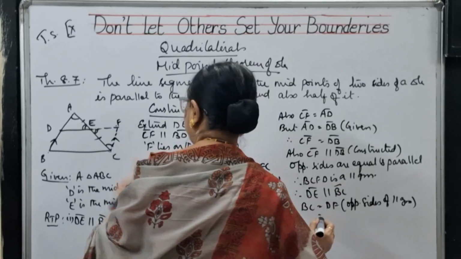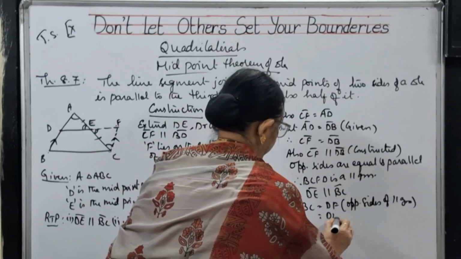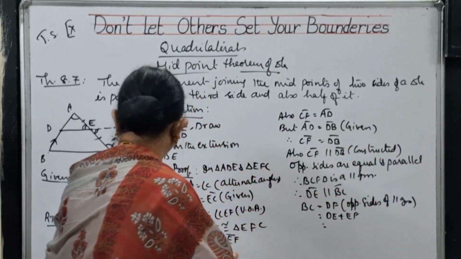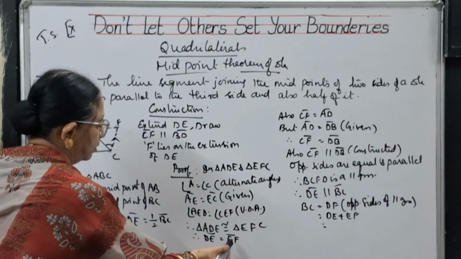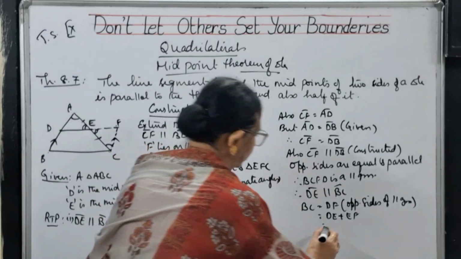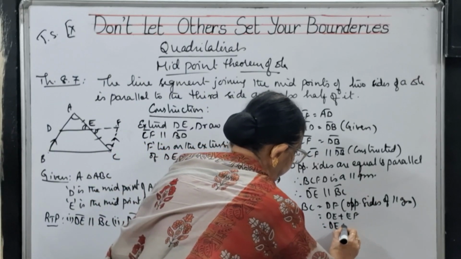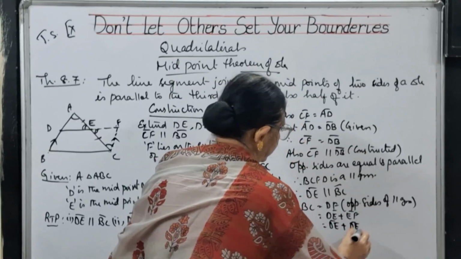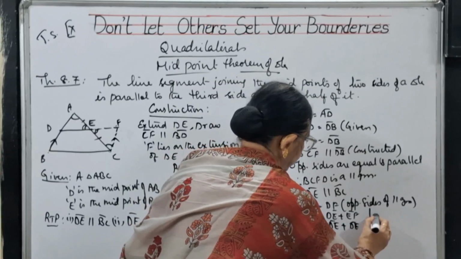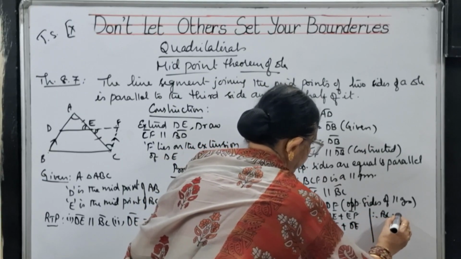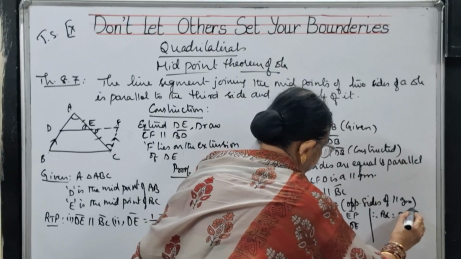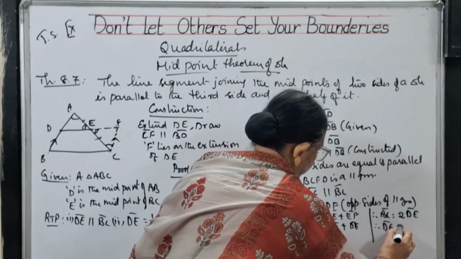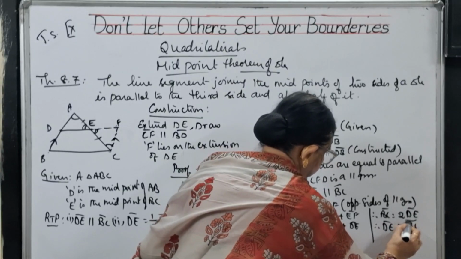That means what is DF? DF is DE plus EF. But DE is equal to EF, so instead of EF, I can write DE plus DE. Therefore, BC is equal to 2 times DE. Therefore, DE is BC by 2.